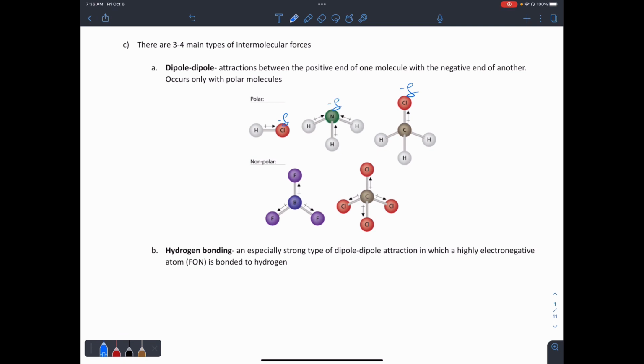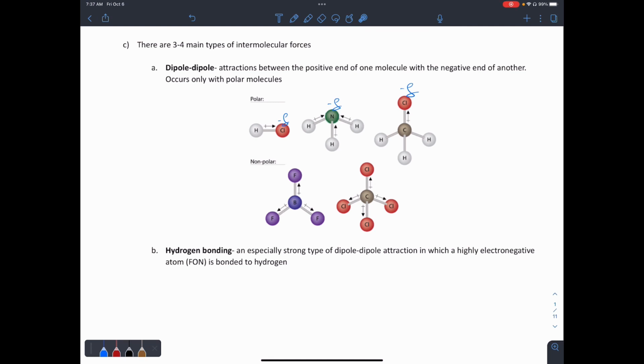So any of these molecules can be attracted to another one of itself, another HCl, where the negative side is opposing and the positive side is attracted, or one of these molecules can be attracted to a different polar molecule, right? Because they both have a positive side and a negative side. So any molecule that is polar can have dipole-dipole attractions.